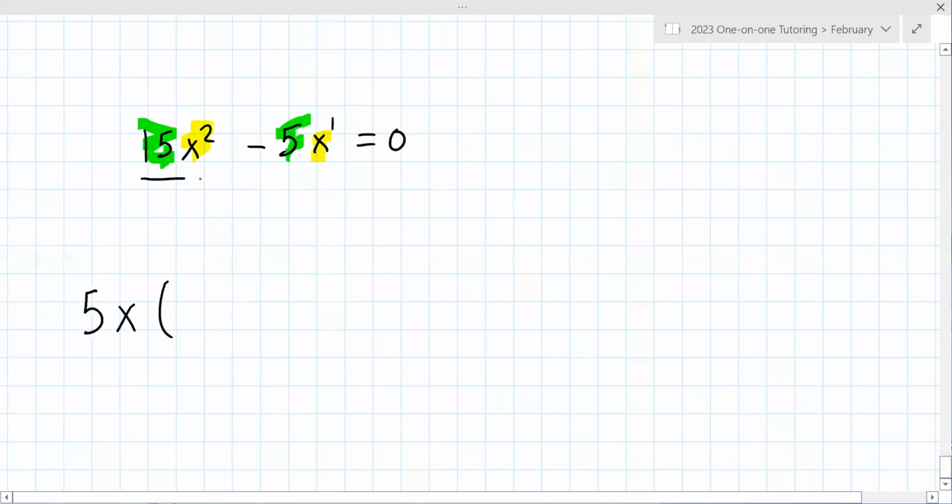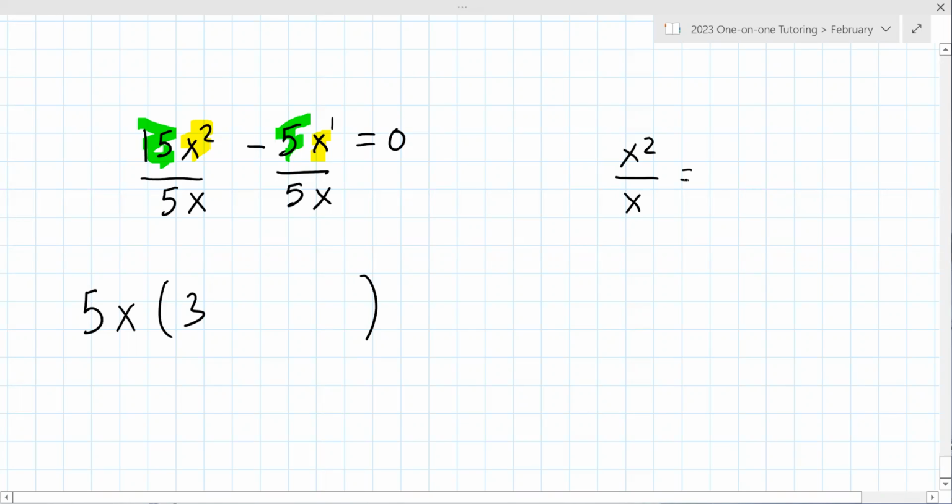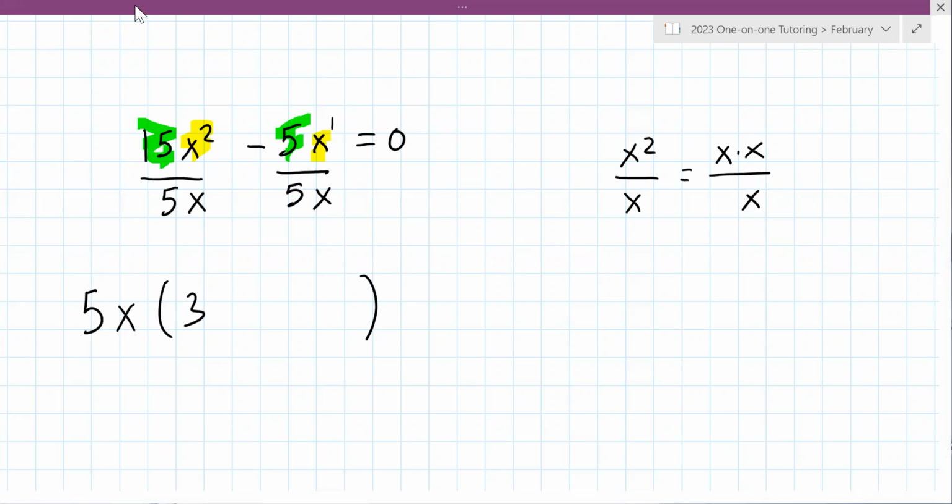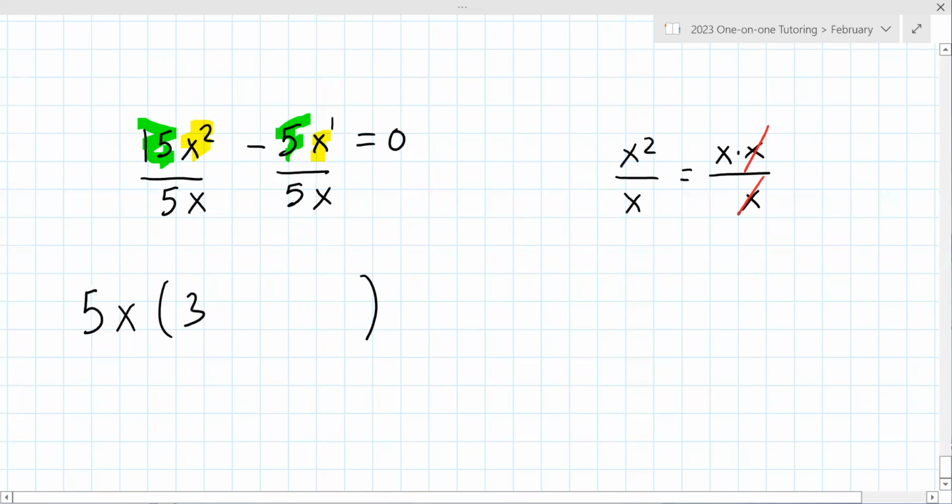You divide both of these by the thing that's on the outside. Start with the numbers. What is 15 over 5? 3. Okay, what is x squared over x? So it's x times x on top, and there's an x on the bottom. What is left over after you cancel the x's? An x. So x squared literally means 2 x's, but they're mashed together. They're multiplying.